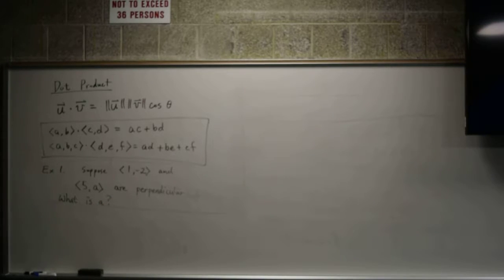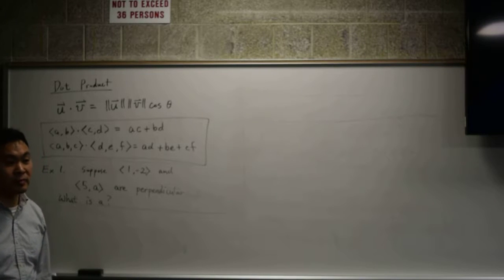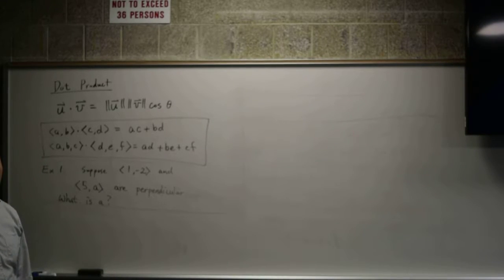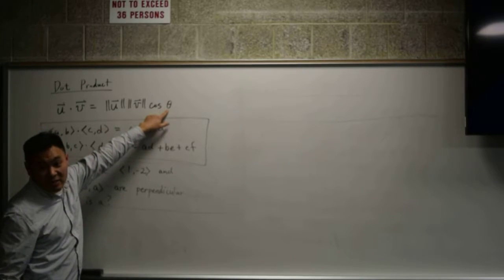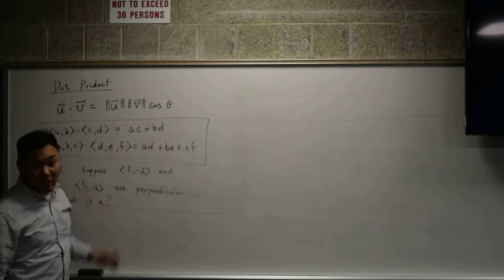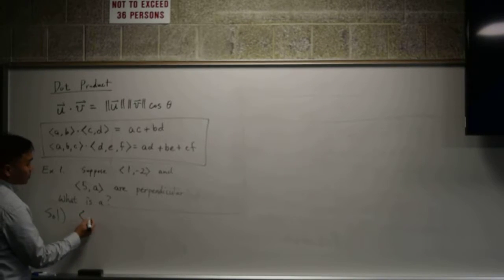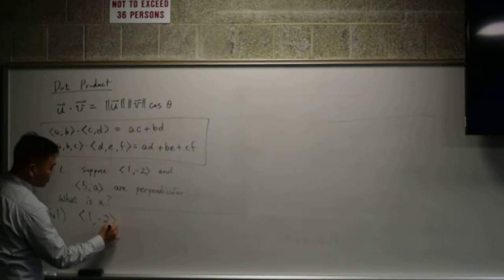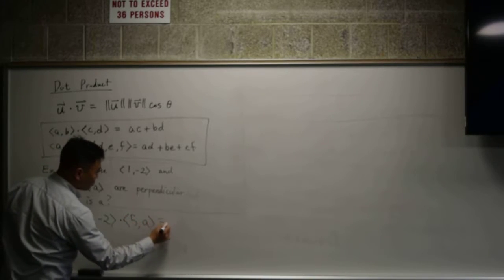So let's think about this question. What does dot product have anything to do with perpendicular? If two vectors are perpendicular, they're 90 degrees, so you know that their dot product is 0. So we know that 1 comma negative 2 dotted with 5 comma A should be 0.